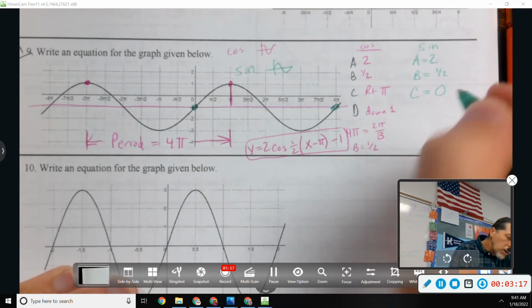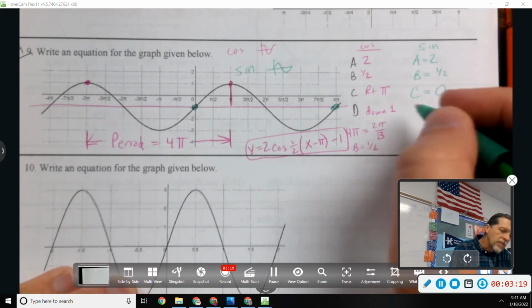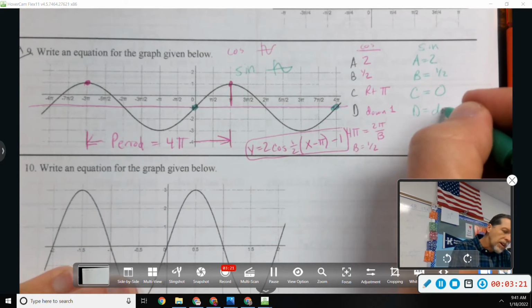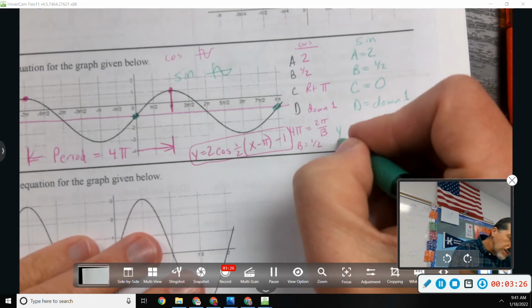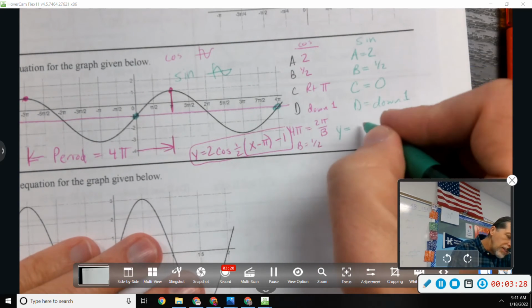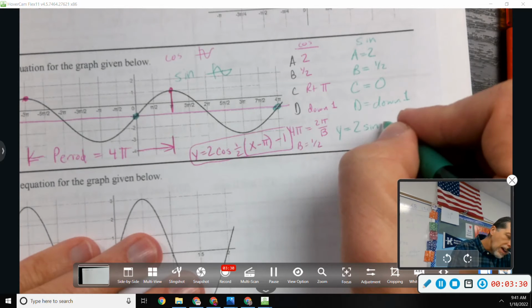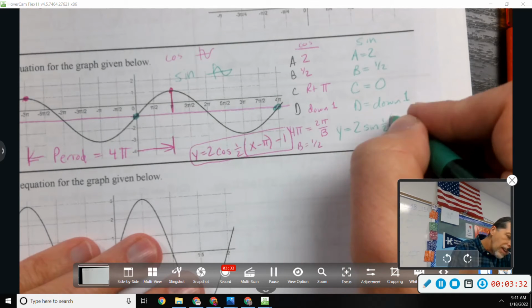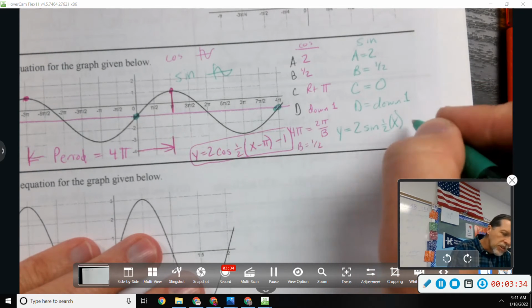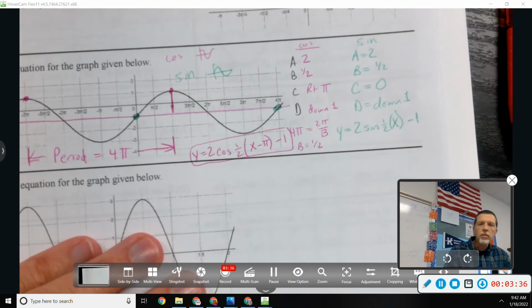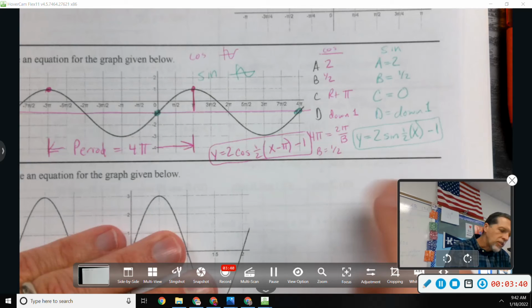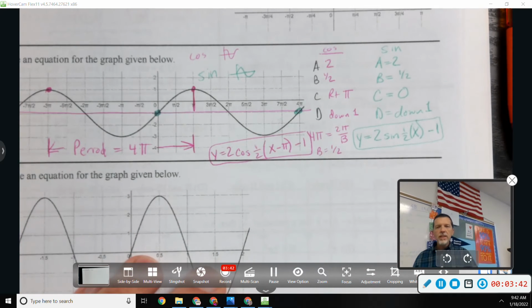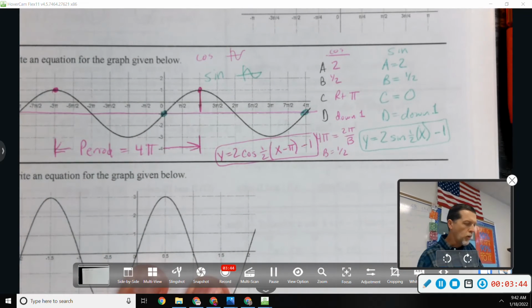C is 0 or none because we didn't have a phase shift, and D is still down 1. So y equals, and then I just plug in A, B, C, D. 2 sine 1/2 x minus 0, or just x, and then minus 1. So that's 2 of the infinitely many ways to give an equation for number 9.